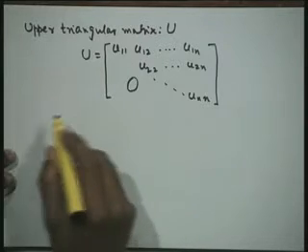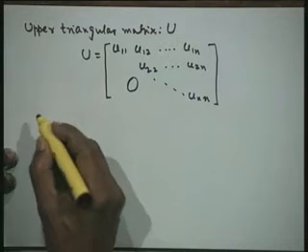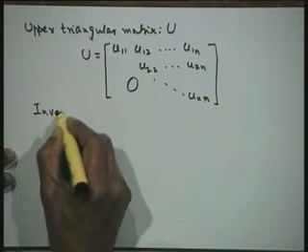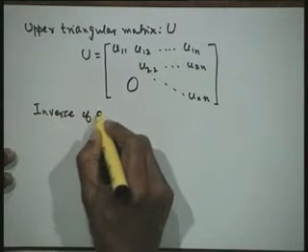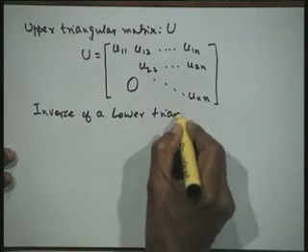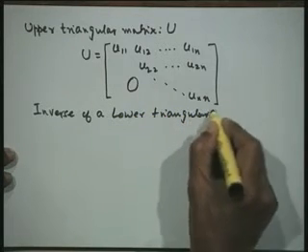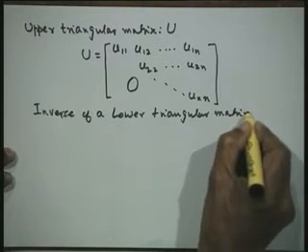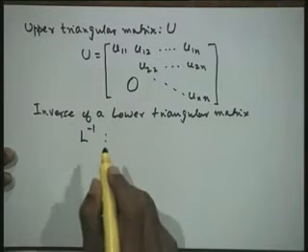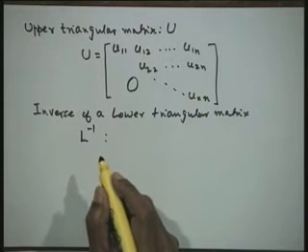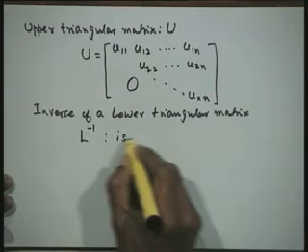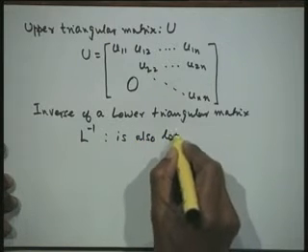The important point we would like to note here is the inverse. If I want the inverse of a lower triangular matrix, that means L inverse, the L inverse is also lower triangular. Therefore, if I have a lower triangular matrix and I want its inverse, its inverse also will be a lower triangular matrix.